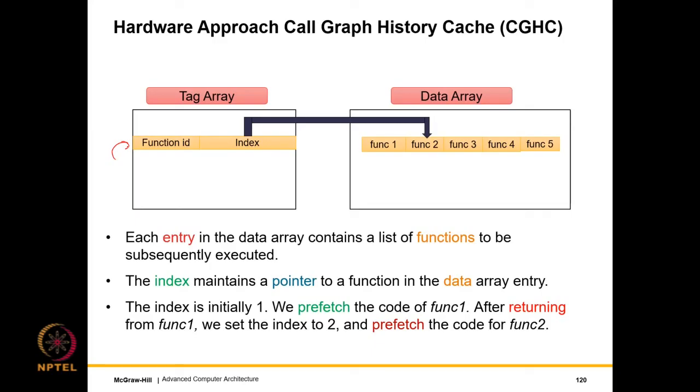The data array contains the addresses of all the functions that this function is expected to call. The index would first start with, let's say, func1. When it returns, the index will point over here. Then when it returns, the index will point over here. So the index always maintains a pointer to the function in the data array entry that is going to execute next. The index will initially be 1, then 2, 3, 4 and 5.